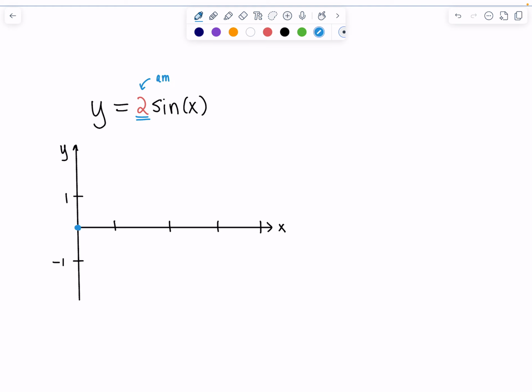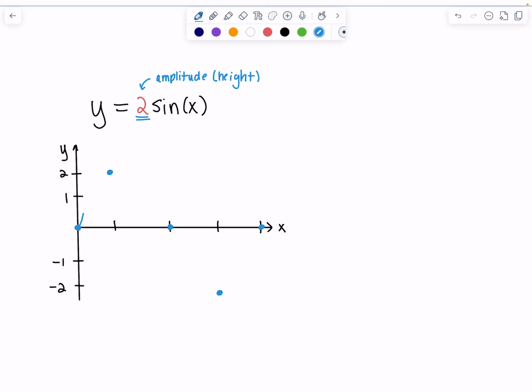This is actually called the amplitude, which is the height of both sine and cosine. For this one, obviously, we're looking at sine. So instead of reaching a max of 1 or a min of -1, it's going to stretch it vertically. Now we're going to be able to go a little higher and go a little lower. So now when I go to my next critical point, I'm going to go as high as 2, middle, down to -2, back to the middle.